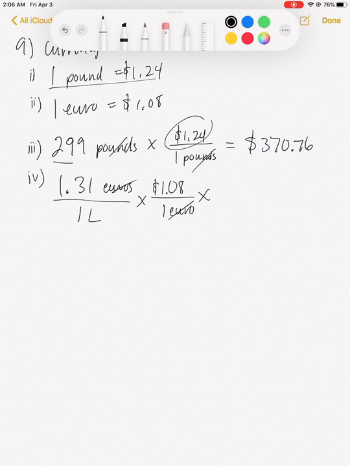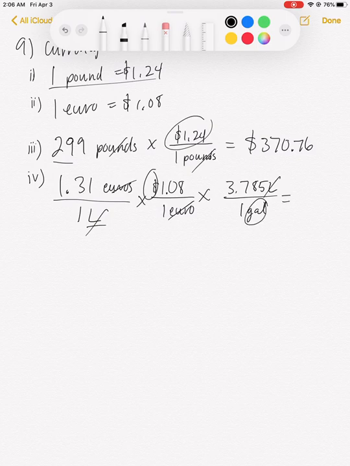We need to change our liters into gallons, and we're given that 1 gallon is 3.785 liters. Since liters is in the denominator, we need it in the numerator, so we'll write our conversion factor this way so liters can cancel. Now our units left are dollars and gallons, which is exactly what we want.